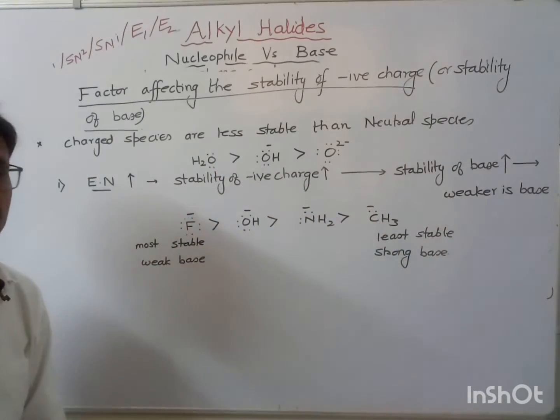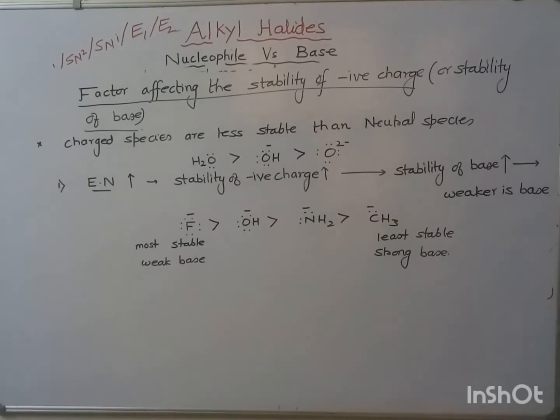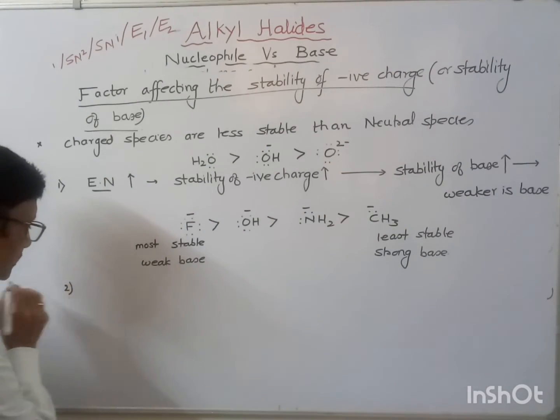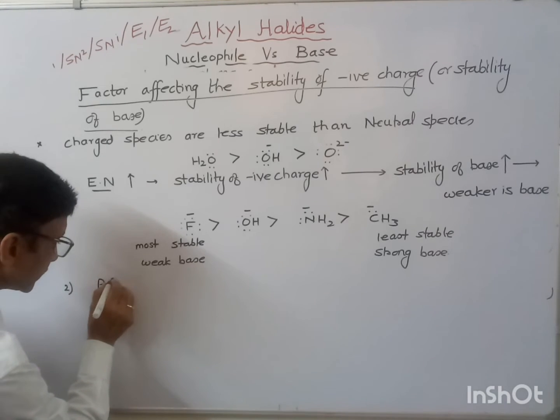Okay, this is one of the factors. Now the second factor which determines the stability of negative charge is polarizability. Electronegativity was the trend from left to right in the periodic table.